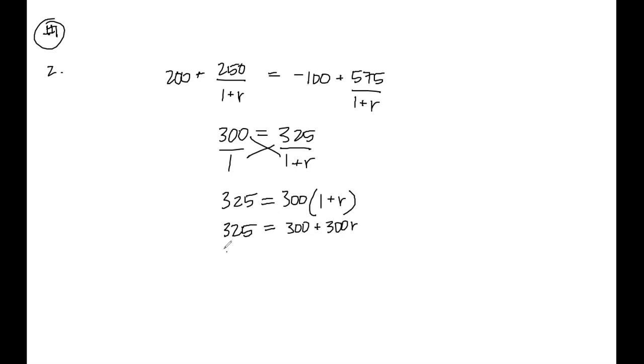Subtracting 300 from both sides, we get 25 equals 300R. So then we can see that the R is going to be 0.083, which translates to a discount rate of 8.3%.